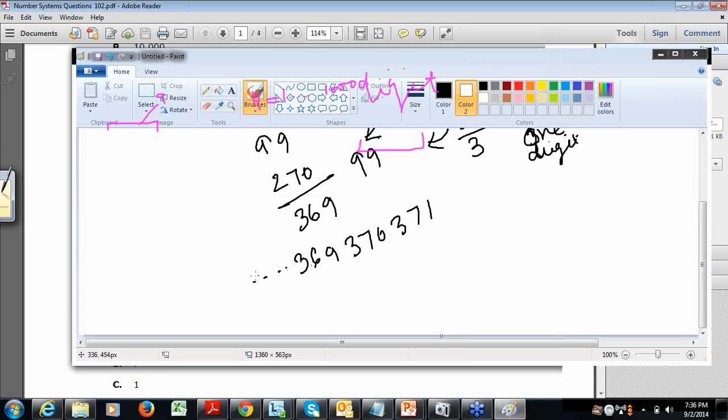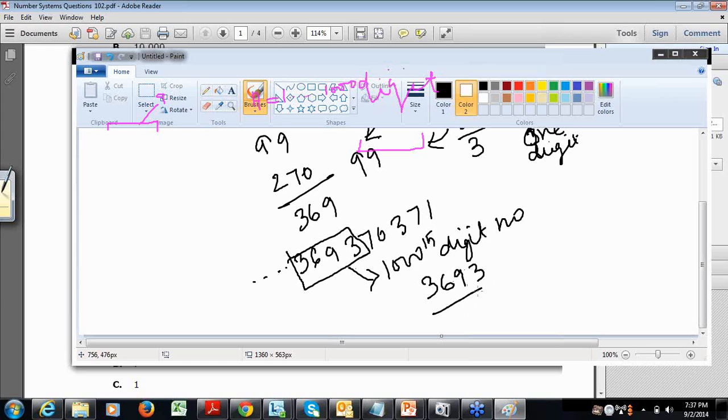Here we have completed the 1000 digits. The last 4 of the 1000 digit number, you have to find out the remainder with 16. So what you have to do is 3693 upon 16. What will be the remainder? Remainder will be 13. Has everybody got it or still has a problem?